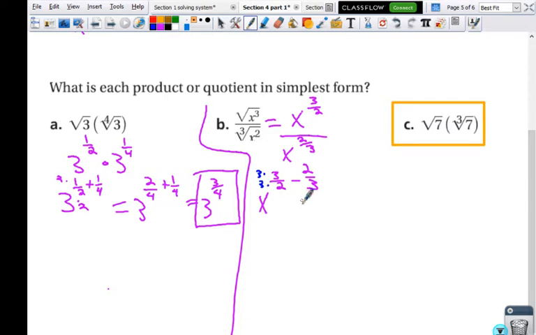Alma, what do I have to multiply the second one by to get 6 in my denominator? Alright, so we are going to get x to the 9 over 6 minus 4 over 6. When I actually go through and subtract those, what do I get? X to the 5 over 6.